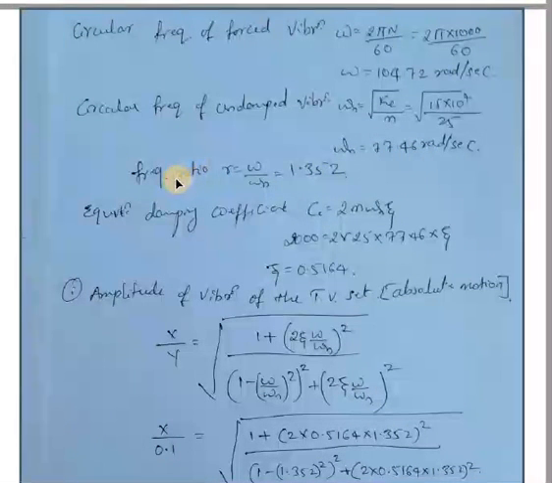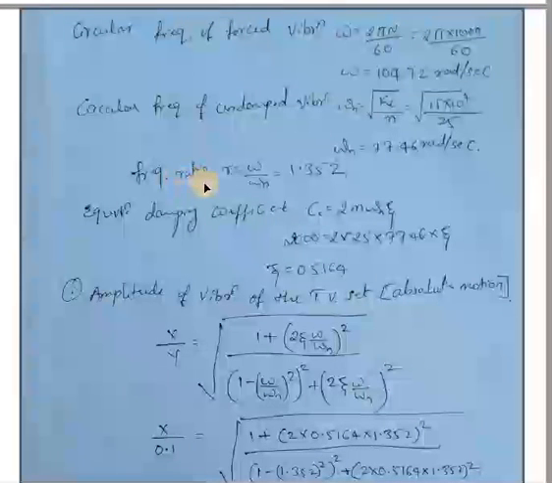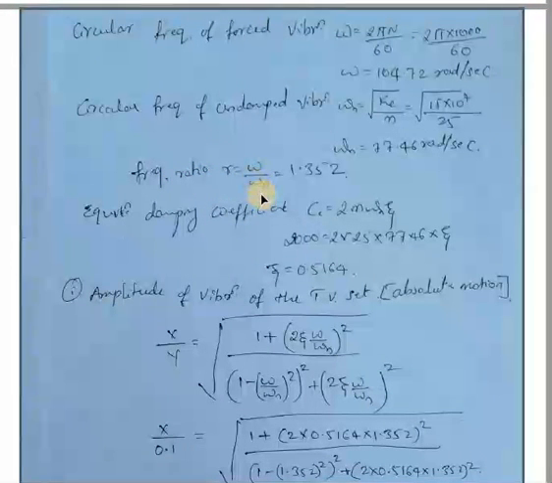And then with the help of that, we can calculate the frequency ratio r equal to omega by omega n as 1.352. Now the damping ratio needs to be calculated. We know the equivalent damping coefficient Ce equal to 2 m omega n zeta.